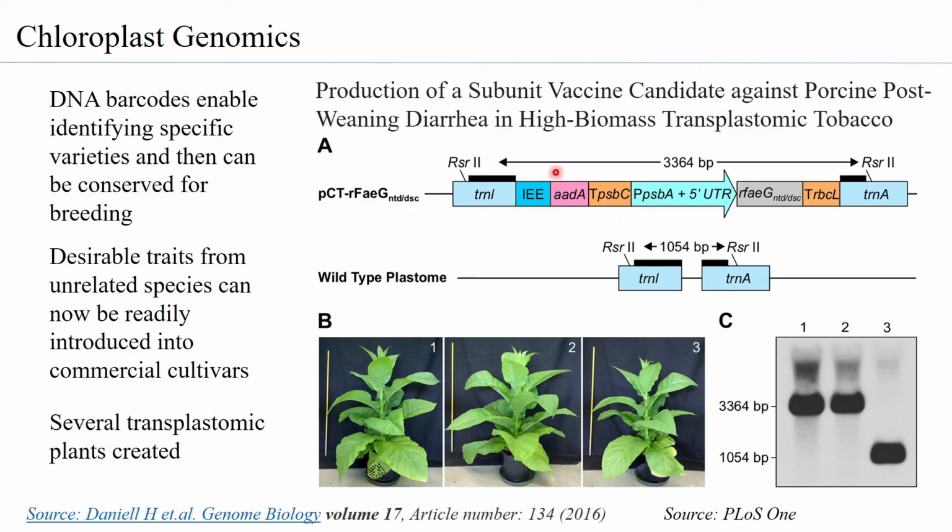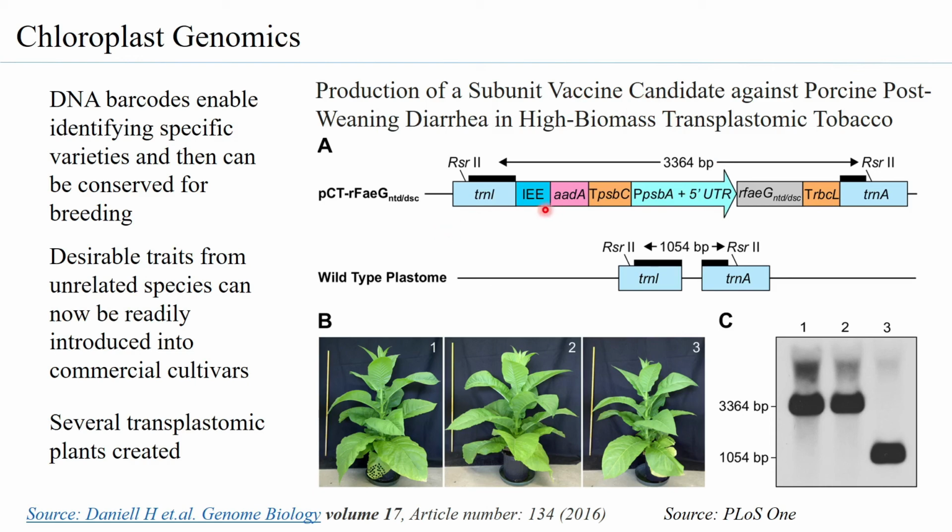And this construct has a gene that is going to give rise to a protein that can act as a vaccine for the pig. Against what? Against diarrhea. So you can see how, once the construct has been applied and the necessary genes are present, it gives rise to the recombinant product.